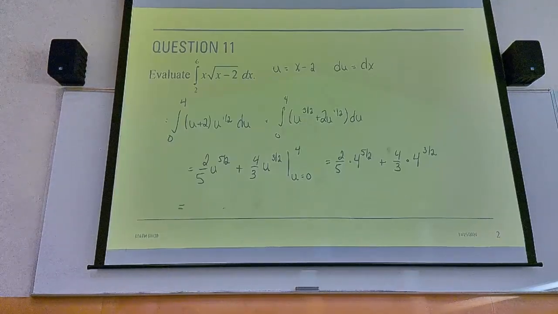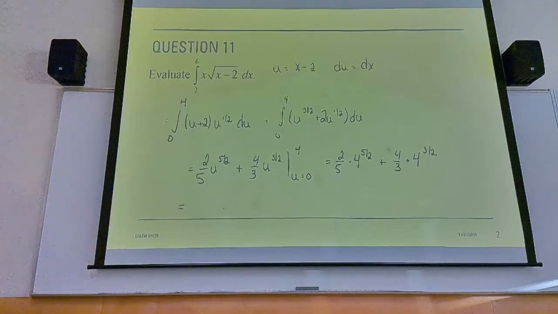Four to the 5 halves power is what? 4 to the 5 halves. Isn't that the square root of 4 to the 5th?